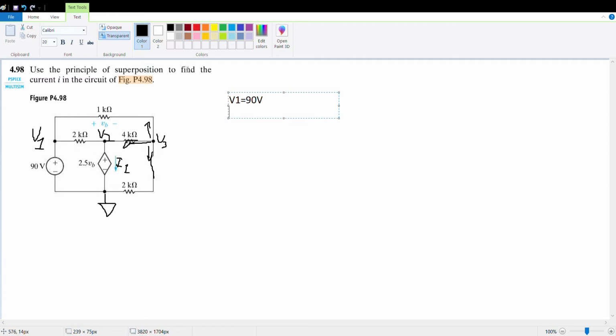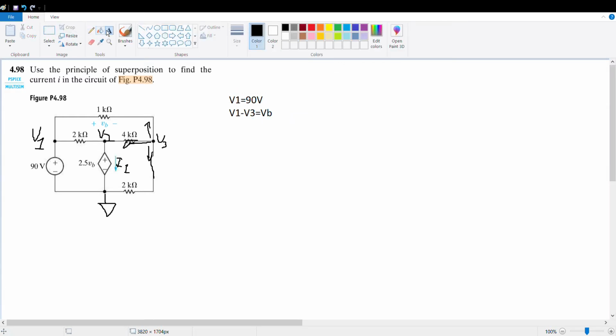It's also important to know that we have a dependent source VB, and VB is equal to V1 minus V3, the voltage at V1 minus the voltage at V3, which is the total voltage across this resistor. So V1 minus V3 is equal to VB. With that, we are now ready to solve this.